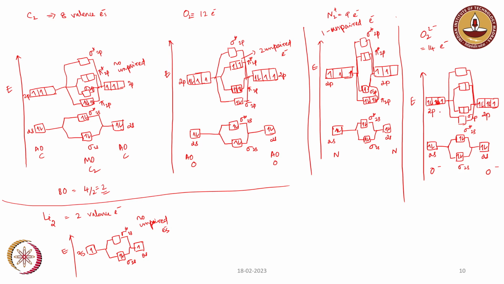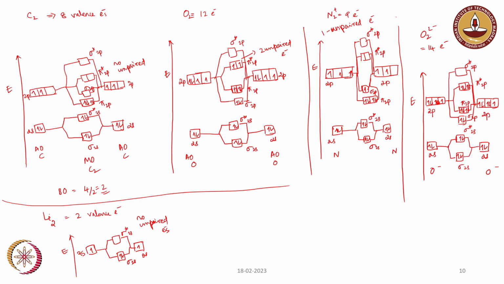So there are a total of 10 electrons in 2p orbitals. So we'll fill it in sigma 2p, pi 2p and pi star 2p.